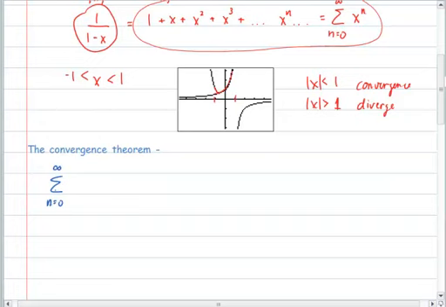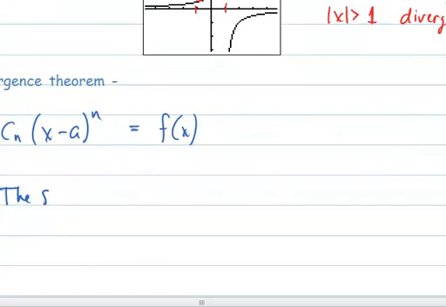This is just the general form for a power series, and it represents our function. The first thing that can happen is the series converges only at a point, and it diverges everywhere else.